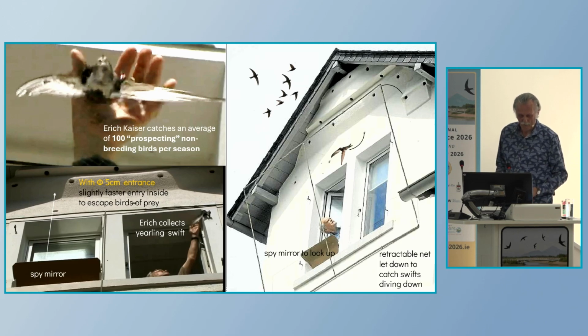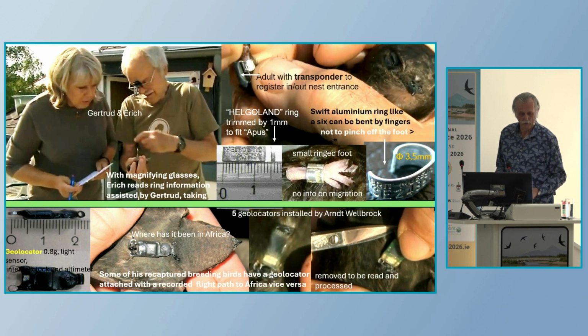Here's Erich trying to catch swifts with a big lab net under his gable colony. And he tried to ring them and search them with the help of Gertrude.